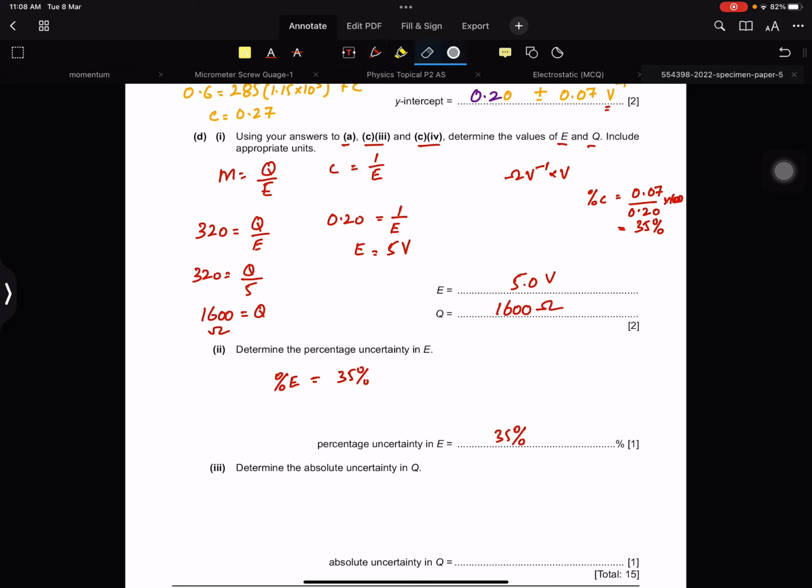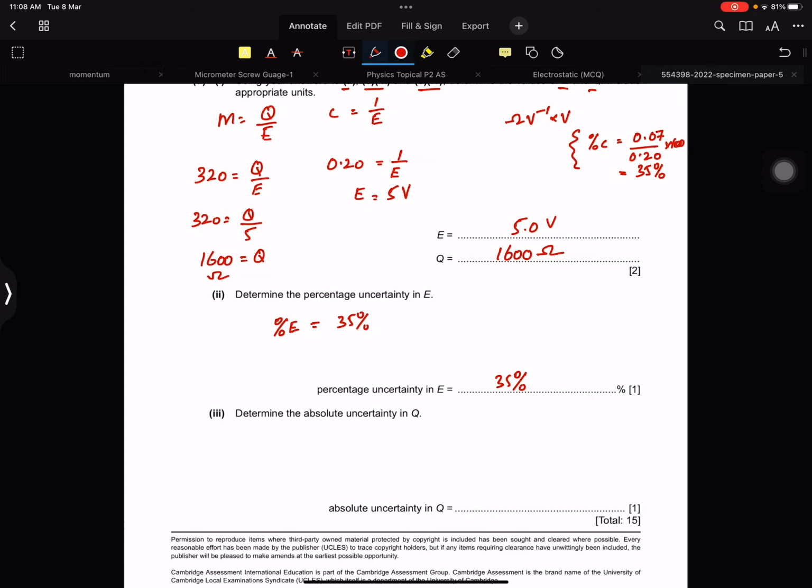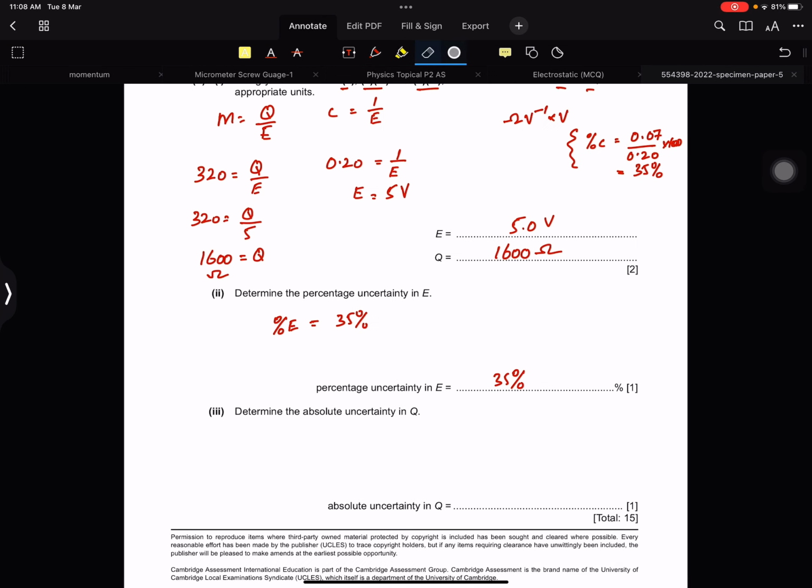Usually everything should be shown here, because sometimes the examiner will check what you've done to find this. Then it says determine the absolute uncertainty in Q. Now, the important thing is that you make an equation: Q is equal to M times E. Now what is the percentage uncertainty in M? We're going to find that quickly.